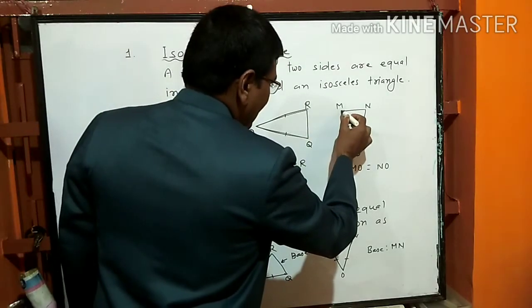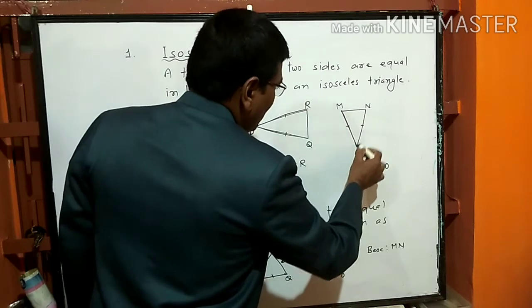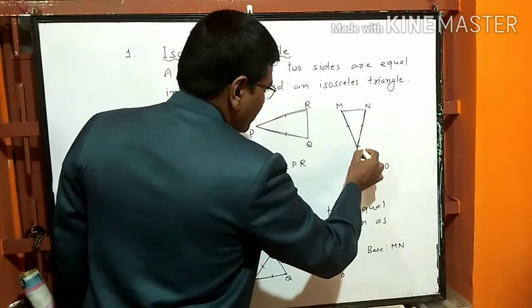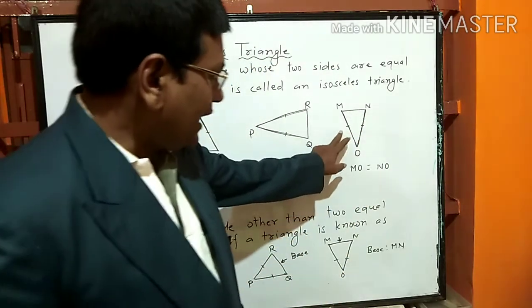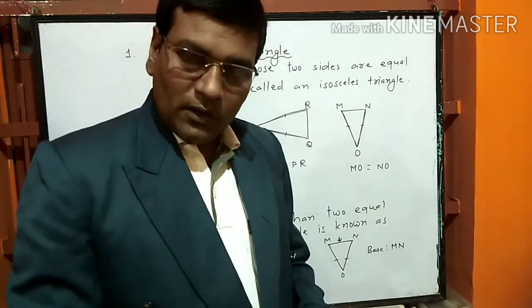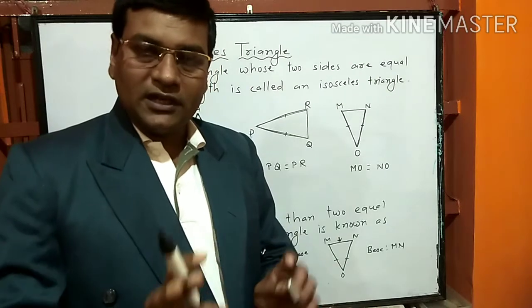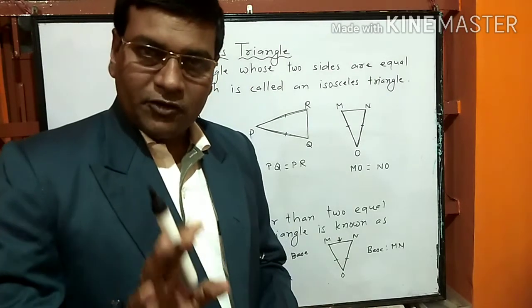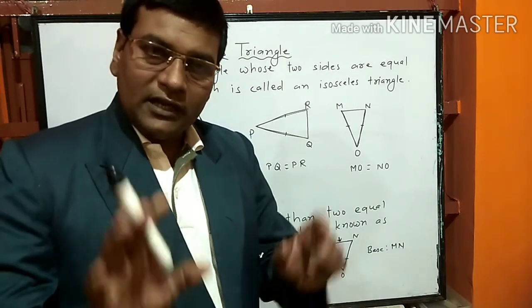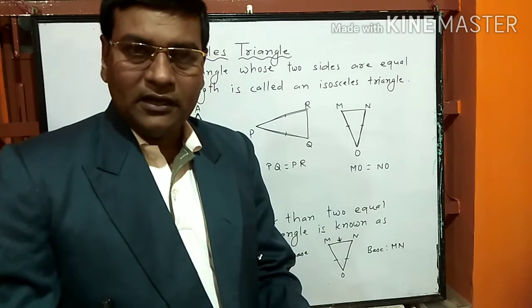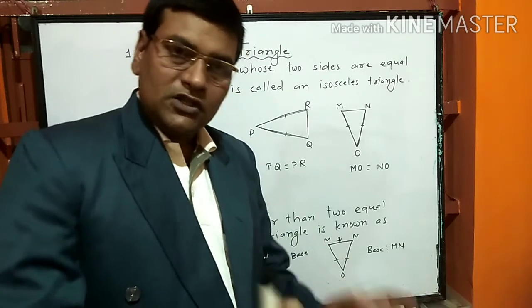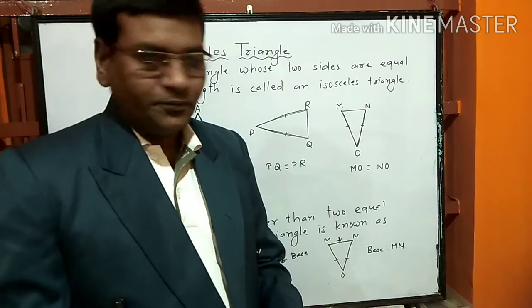Again, in the triangle MNO, the lengths of MO and NO are equal. So all these three triangles are called isosceles triangles. A triangle in which any two sides are equal in length is called an isosceles triangle.